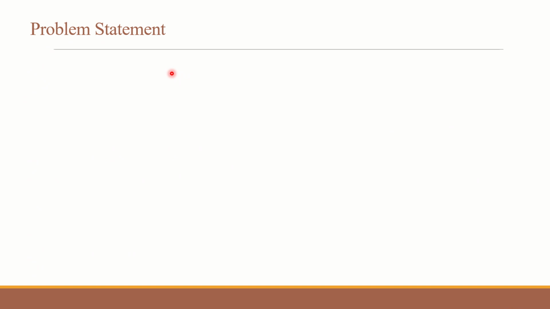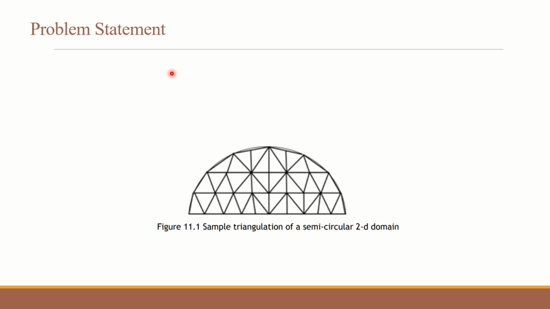Before moving to the next question, we have a problem statement. The coming up problems will be based on this statement, so we will see it carefully. Again, it will be mostly about meshing and different types of meshes. First, we have a sample triangulation of a semicircular two-dimensional domain.